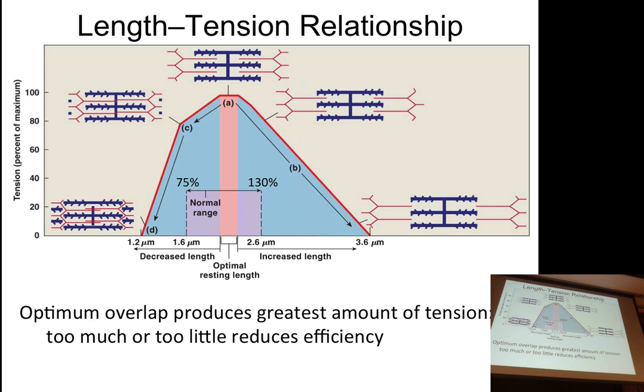You may think that over here in section C, this would be ideal because you have pretty much the most overlap possible between the thick filaments and the thin filaments. There's a lot of little head groups on the ground ready to contract. But there's nowhere for them to go.